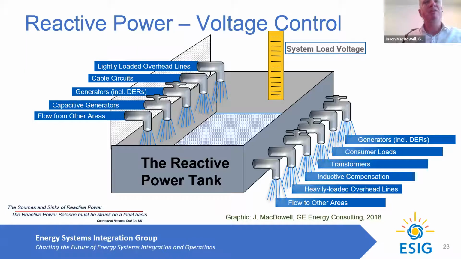And this is what grid operators are trying to maintain over all time periods. In the longer term, balancing out reactive power from generation to load, and especially during system disturbances, making sure that balance is maintained. We're going to get a lot more in depth later on about how to maintain the voltage under high system stress and during system disturbances.